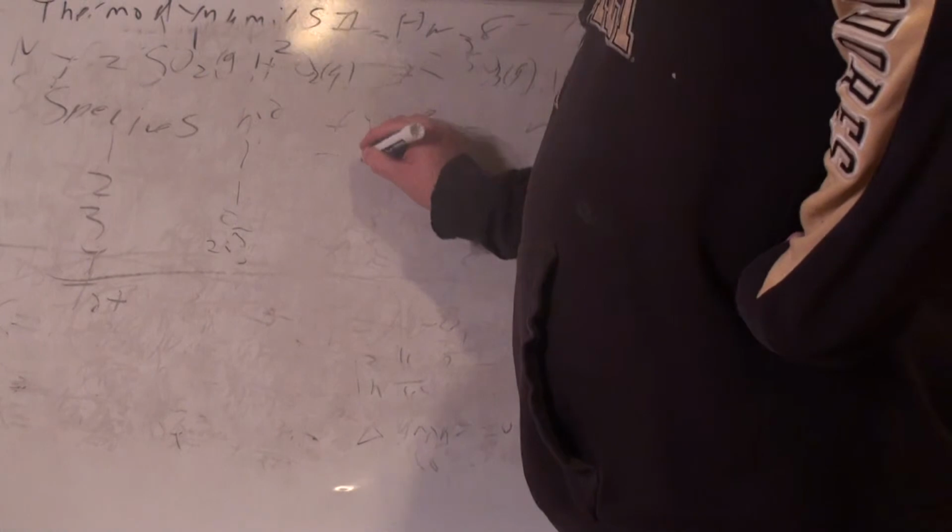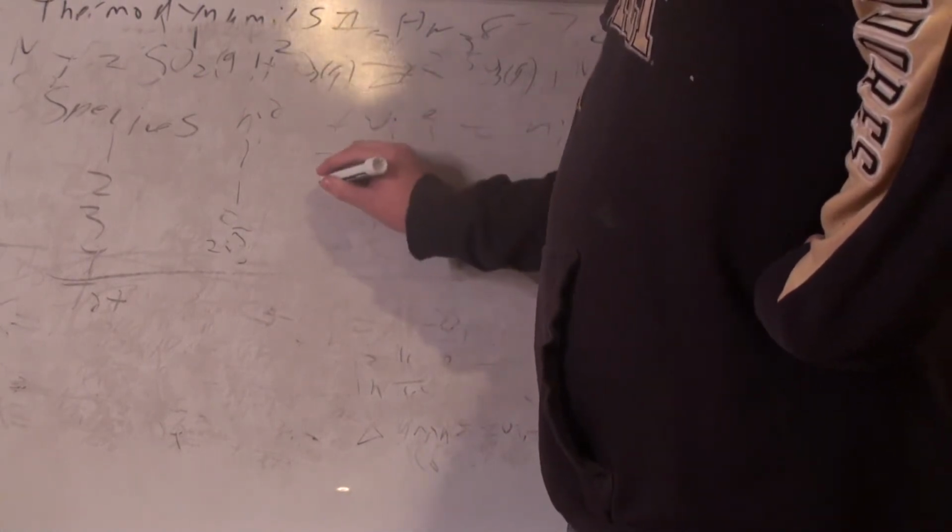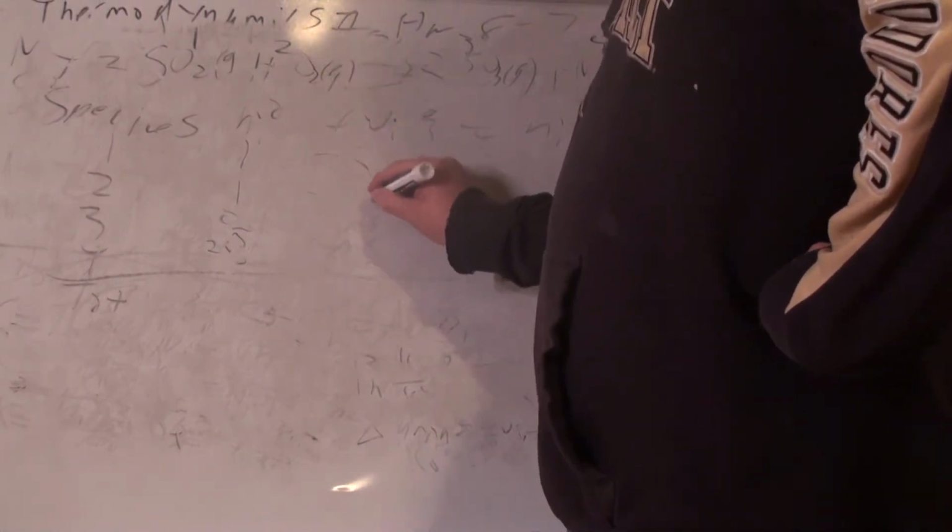Plus nu_i. This one is minus 2 squiggly, this one is minus 1 squiggly, this one is plus 2 squiggly, and this one is obviously plus 0 squiggly. So when I'm all said and done, I have 1 minus 2 squiggly, 1 minus squiggly, 2 squiggly, and here just 2.5 or whatever it is, which makes sense.